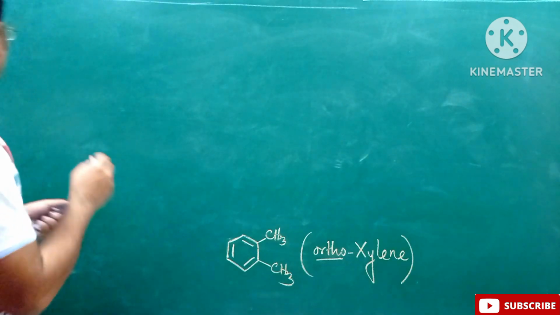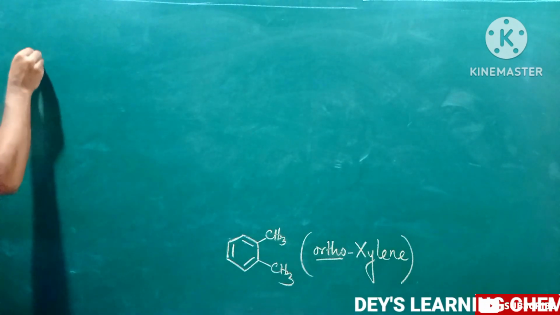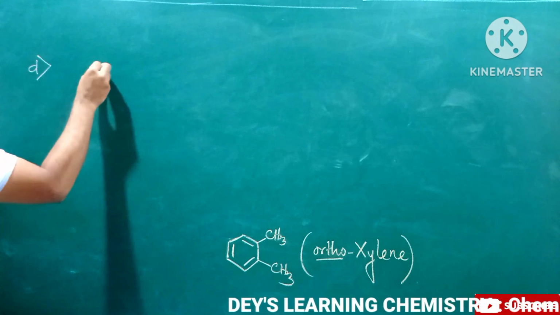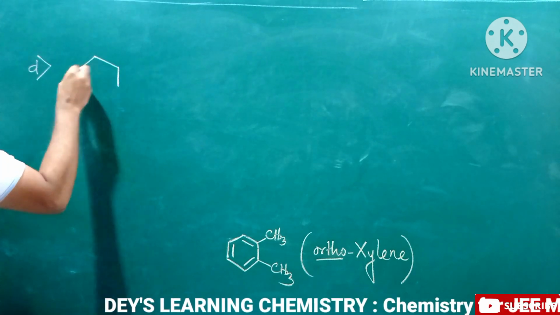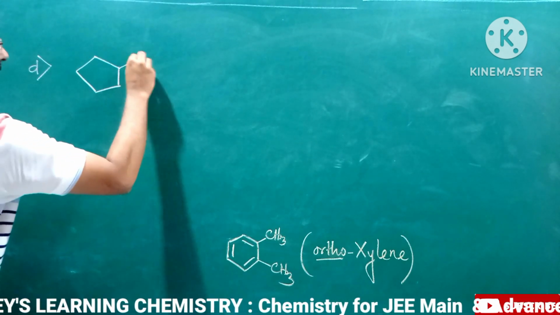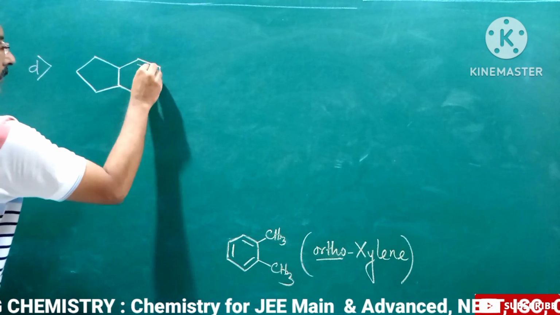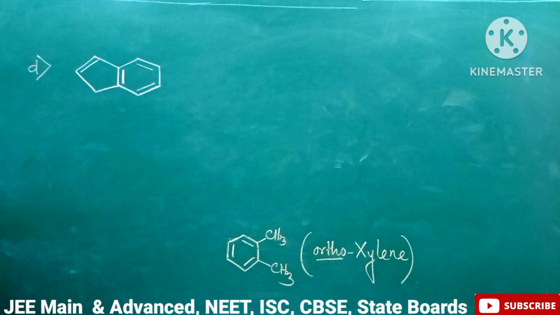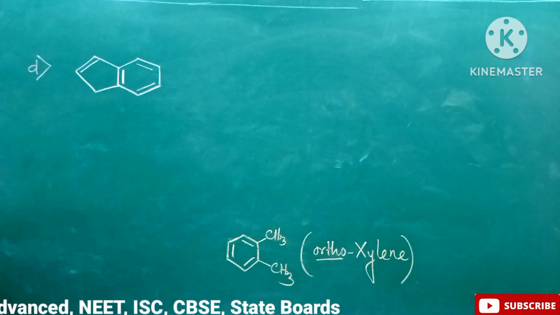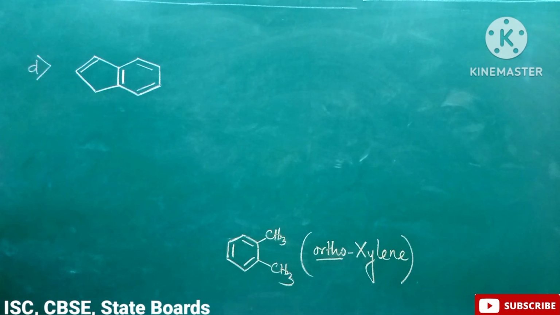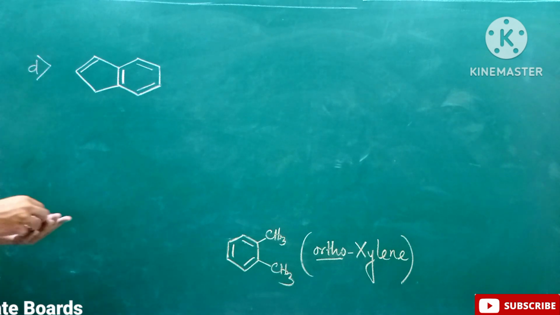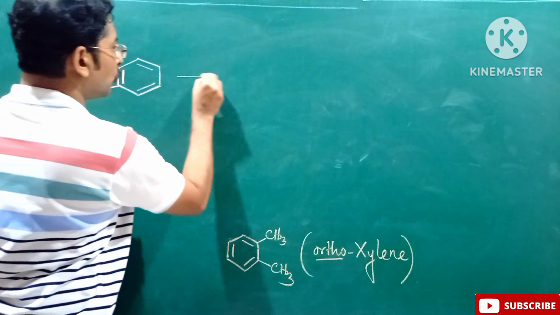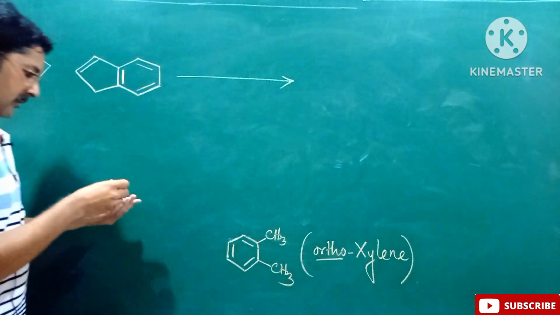So it is not our correct option, right? Now let's check option D. The substrate given in option D is this one. This one is a benzene ring and this one is a fused 5-membered ring, right? Now in the first step, ozonolysis has been carried out.